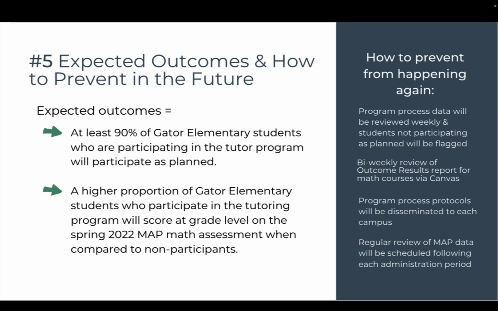The team also shared how they will prevent this from happening again, reiterating the next steps that will be taken. These include that the program process data will be reviewed weekly, informative assessment data will be reviewed in Canvas bi-weekly as a team. In addition, the program process protocols will be disseminated, and the MAP data will continue to be regularly reviewed.